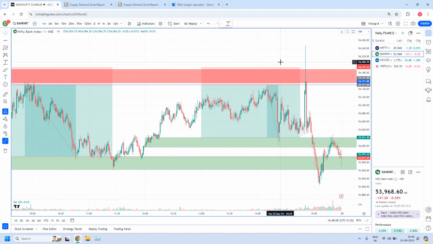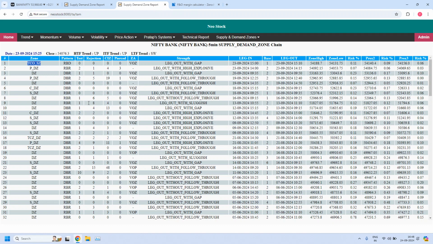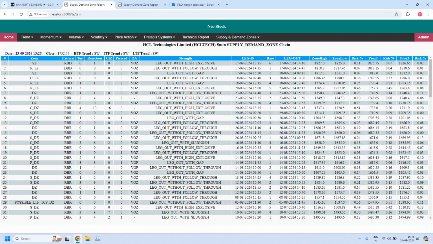Then what about the high liquidity zones? We have identified two high liquidity zones, HCL Technologies and HDFC Life. HCL Technologies also gave a trade, but most of you are not aware of that. The reason is at present you don't have access to the supply demand zone chain, because in the recorded video the supply demand zone chain is available only for Nifty and Bank Nifty.